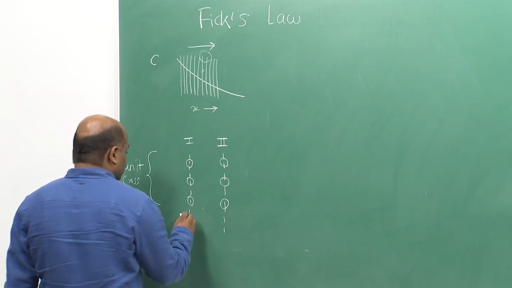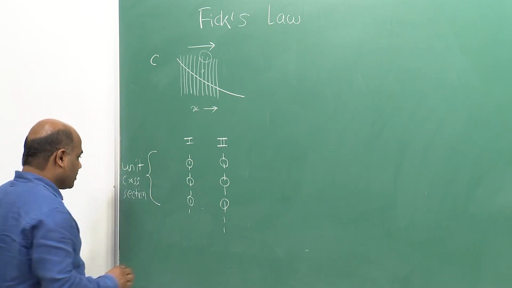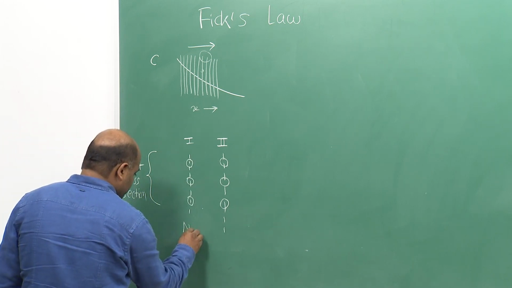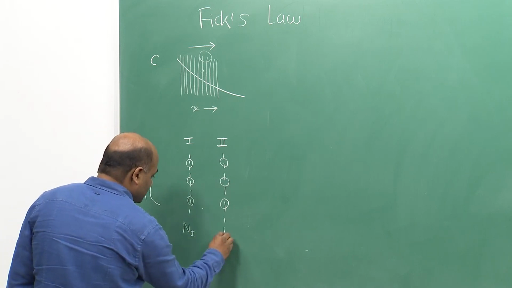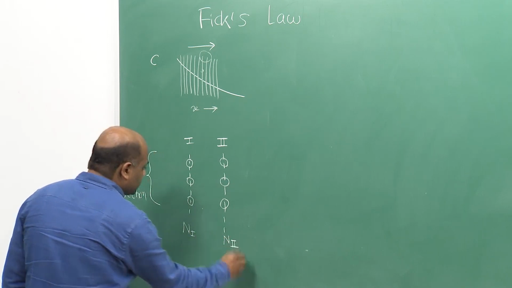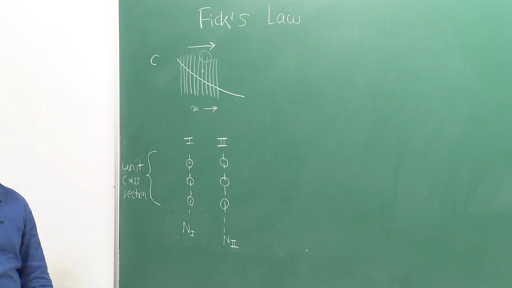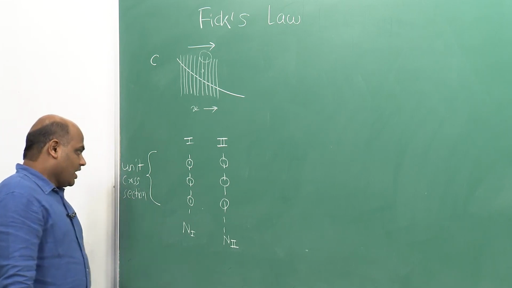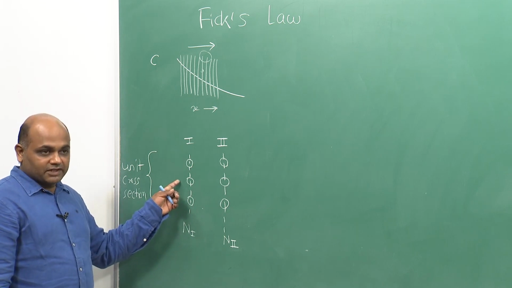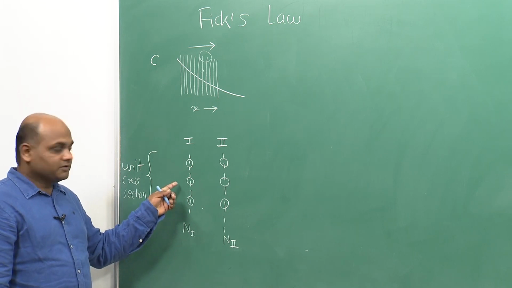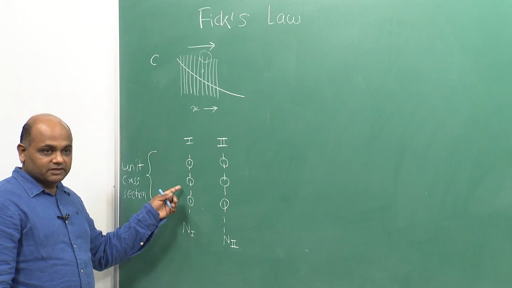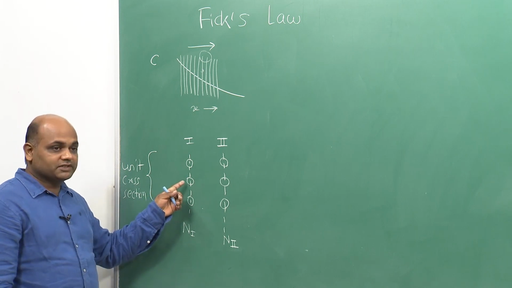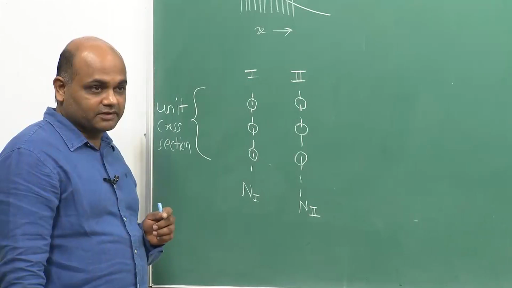Let us say there are n1 number of atoms per unit area on plane 1 and n2 number of atoms per unit area on plane 2. And each atom is vibrating with certain frequency. So, per unit time there will be certain number of successful jumps that each atom can make, right.